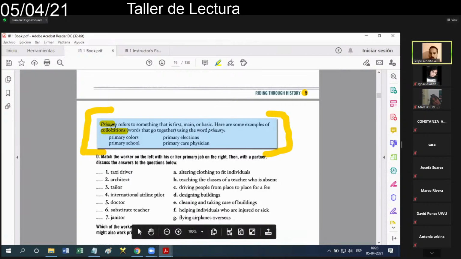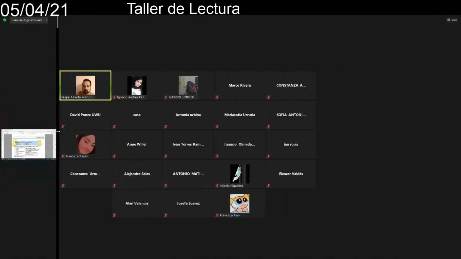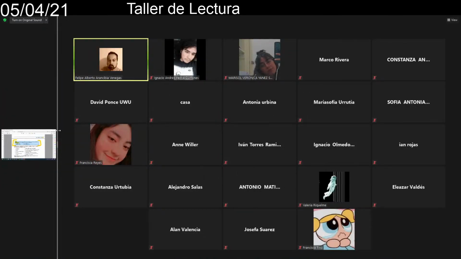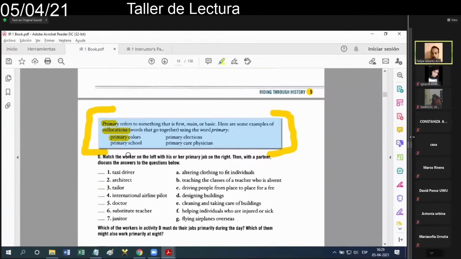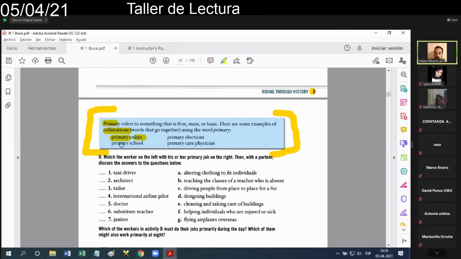The book tells us primary refers to whatever, yeah? But primary is an adjective. So what's the tandem, adjective plus noun? You see that? Adjective, color, noun. Primary, adjective, school, noun. Primary, adjective, election, noun. Primary, adjective, physician, noun. You can never break that pattern, adjective, noun.